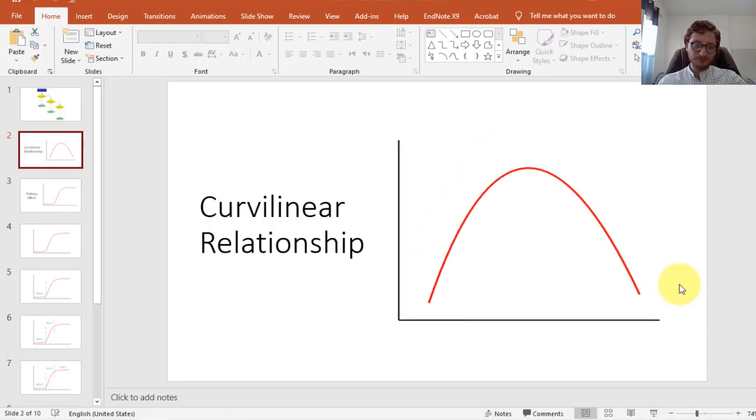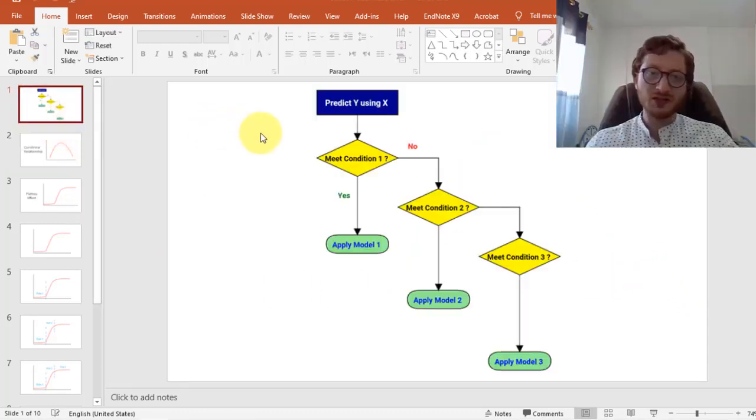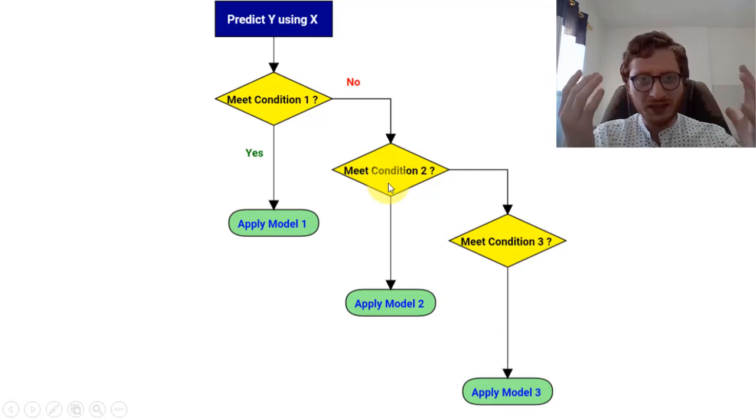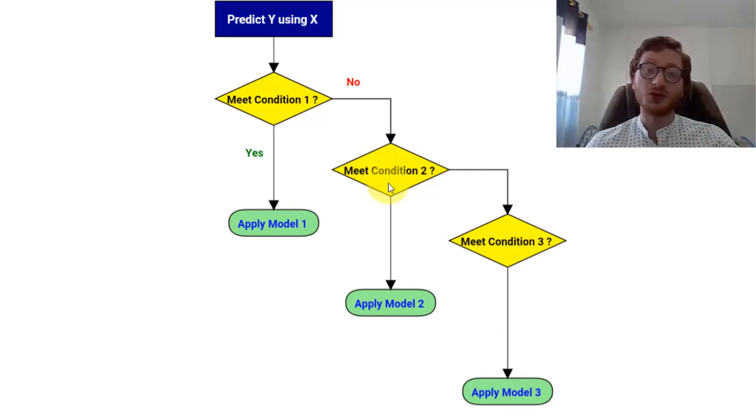So this is basically how the Cubist model trees work. If we want to predict Y from X, which is in this case to predict efficacy from concentration, we create decision trees, we create conditions, and if they are met or not, we progress accordingly.